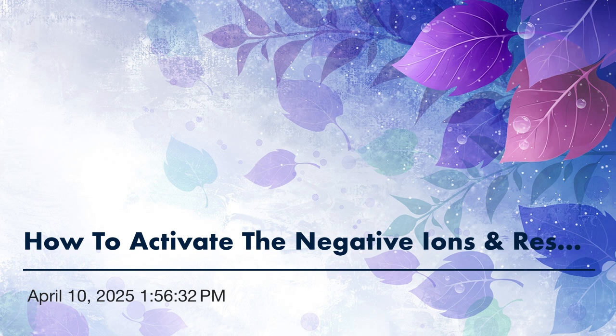Negative ion is the key to healing. And you also have to do it to activate your solar plexus. Solar plexus has the sun and the moon. Okay? Negative, positive ions. But mostly, it should have a balance.